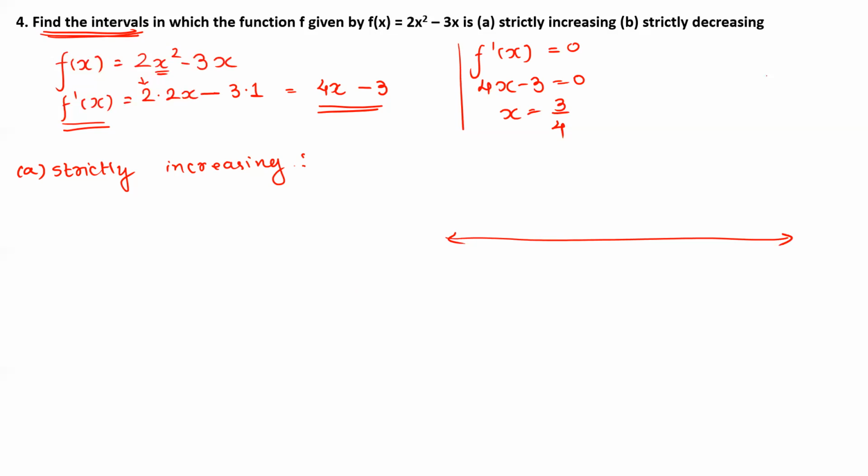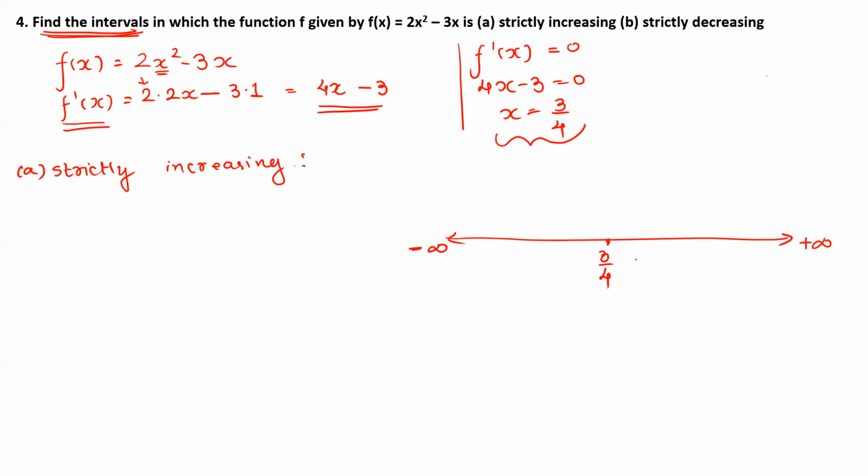This is the proper method. I have drawn the x-axis, in which the left side is minus infinity and the right side is plus infinity. Somewhere we have the origin also, but I don't want to show the origin. I want to show x is equal to 3 by 4.